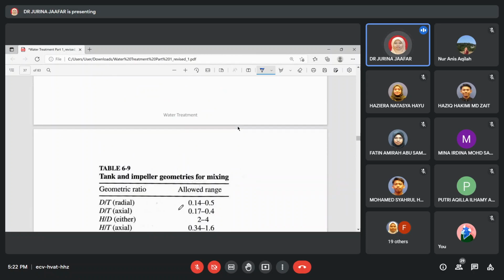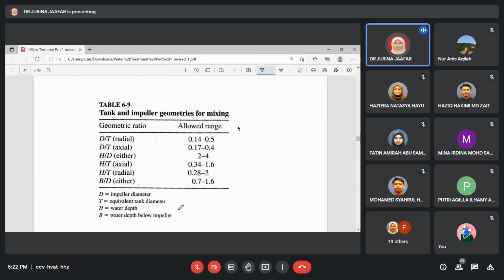And untuk rapid mix, we have this table to check our design according to the diameter of a tank, so we will check the tank diameter so that it will fit with the mixing paddle with the tank. So ini antaranya kita kena perlu semak lah.